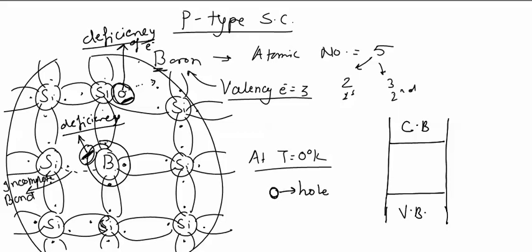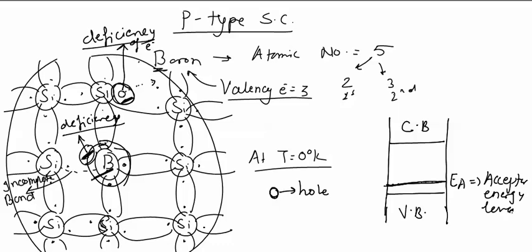But in a p-type semiconductor, we have another deficiency of electron, which is with every boron atom, and this deficiency has its energy in the range shown in the diagram. This deficiency has energy just above the valence band, and this energy level is called Ea, the acceptor energy level.